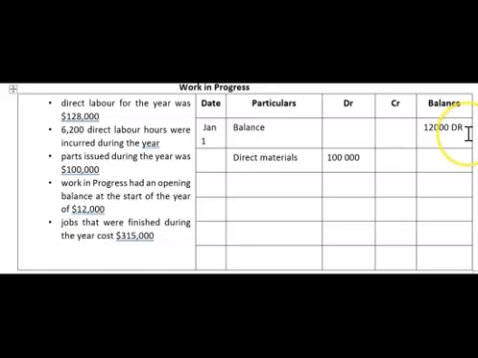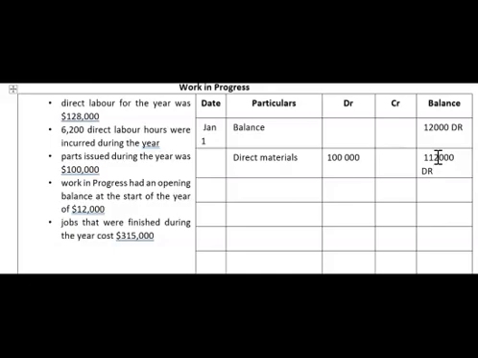Now we had a debit balance and there is a debit entry. So if it's debit and debit, you will add. So we had 12,000 and another 100,000, so we are using 112,000 to date in that particular job and still it will be a debit balance.